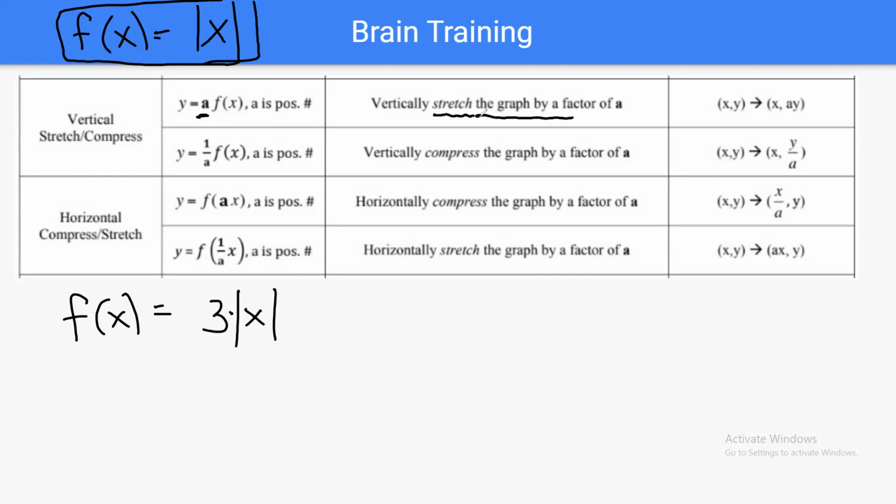This is how we write it, by a factor of 3. And what we're going to do with the coordinates is multiply 3 to the y value. Let me show it to you graphically.